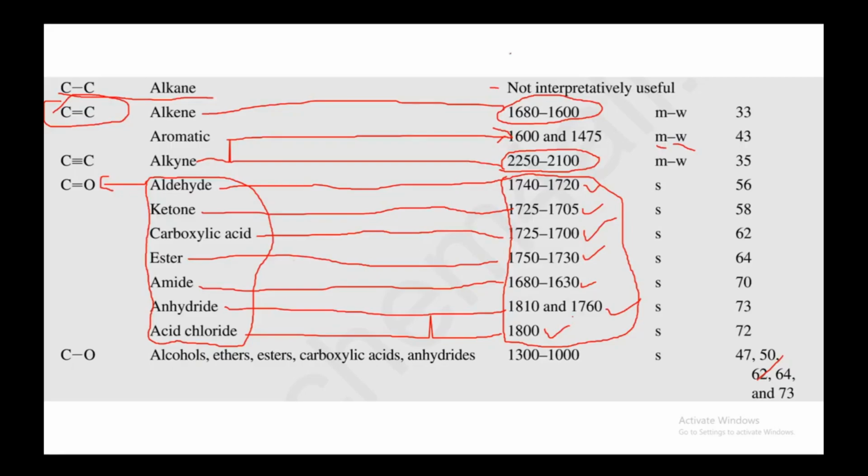So the carbonyl group of amides appears lowest in wave number, and the carbonyl group of acid chlorides appears highest, at 1800. This is how we can use IR spectroscopy to differentiate different functional groups based upon their characteristic peaks.